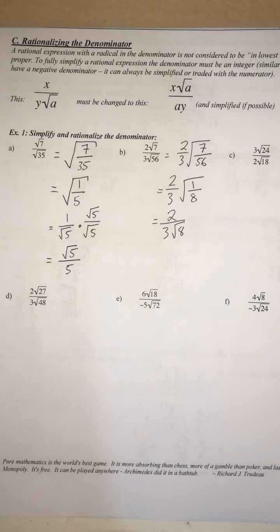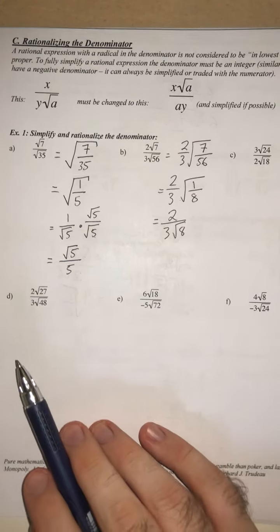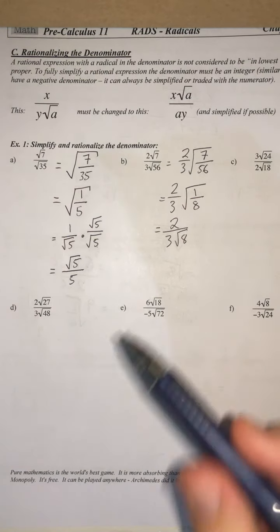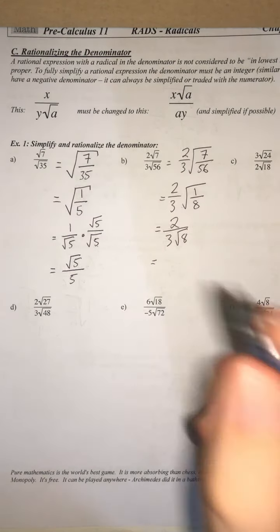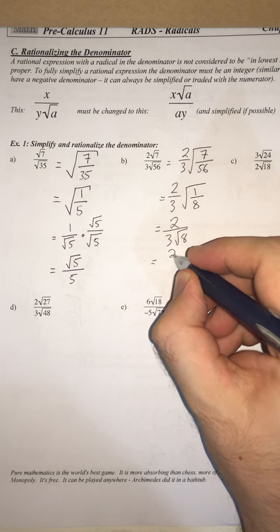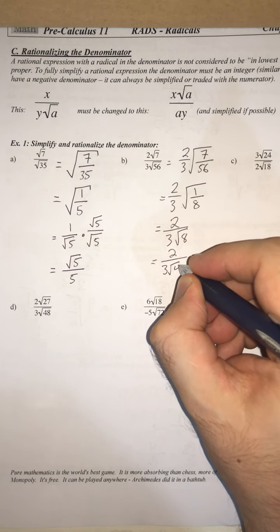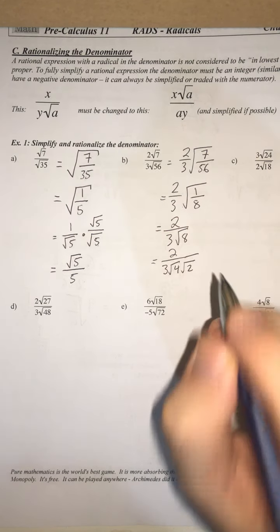Two steps I could do at this point. Either I multiply the top and the bottom by the square root of 8. However, I can simplify this. Remember, we always want to simplify whenever possible before we do some extenuating operation here. So 2 times 3, root 4 times root 2.